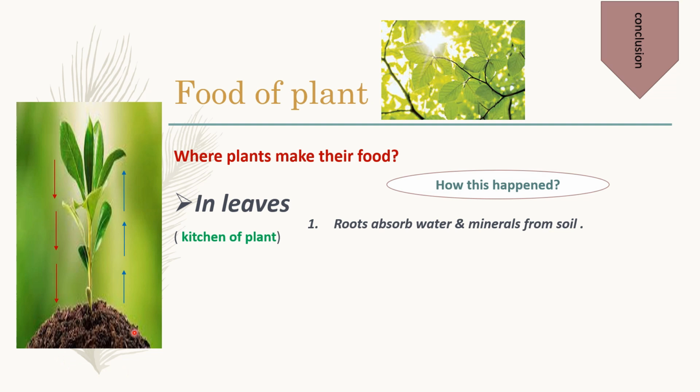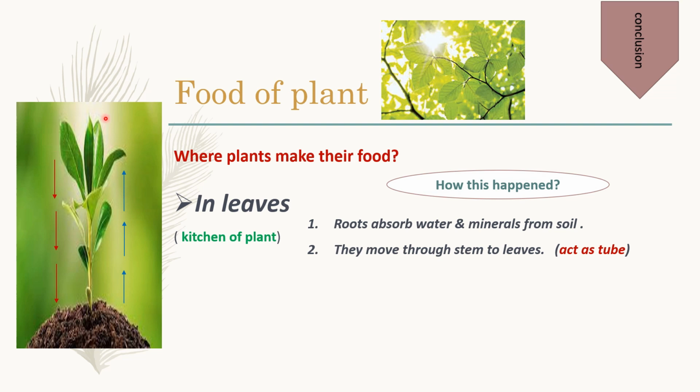First, roots absorb water and minerals from the soil. And then they move through the stem. Now the role of the stem. They move through the stem up to leaves. Do you see these blue arrows? Yeah, these blue arrows show the movement of water and minerals from down in the soil up to leaves.